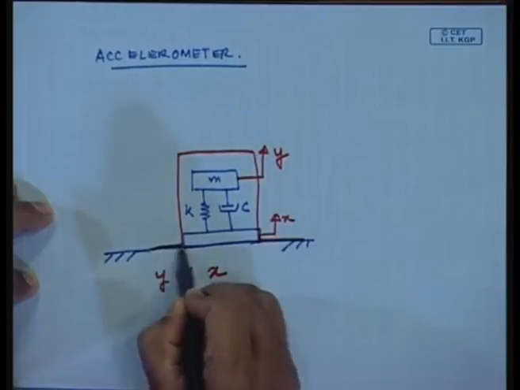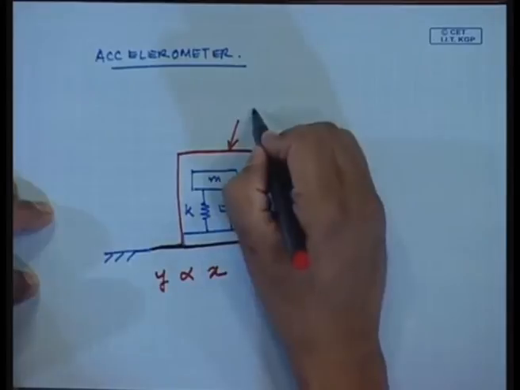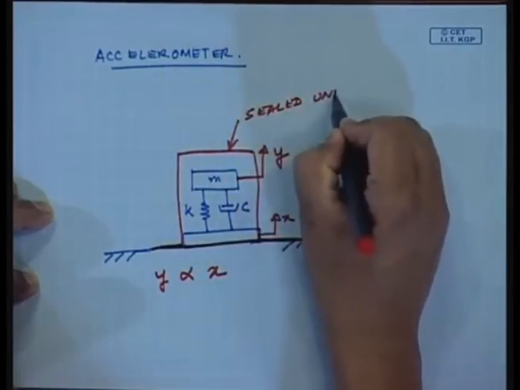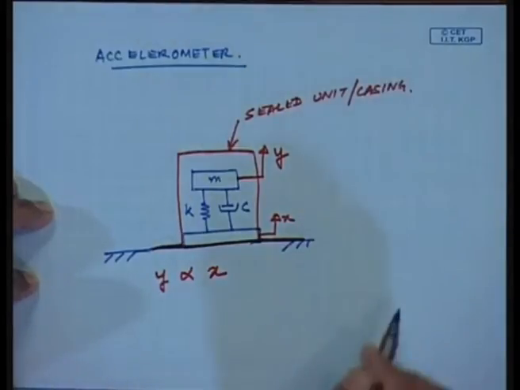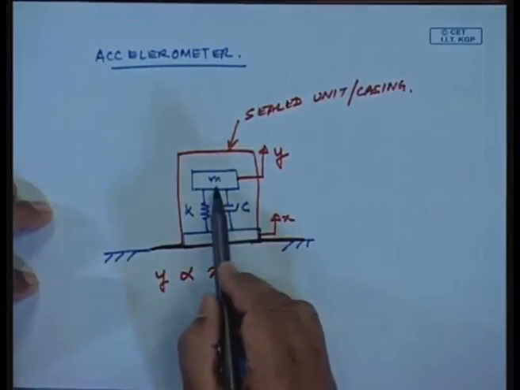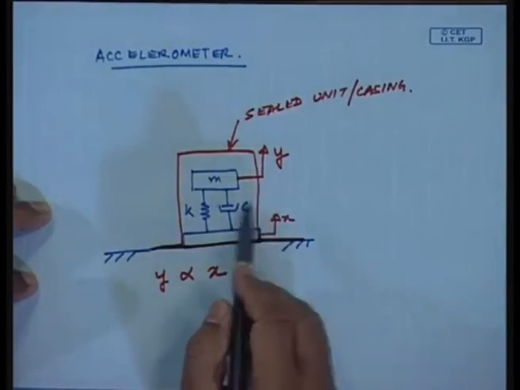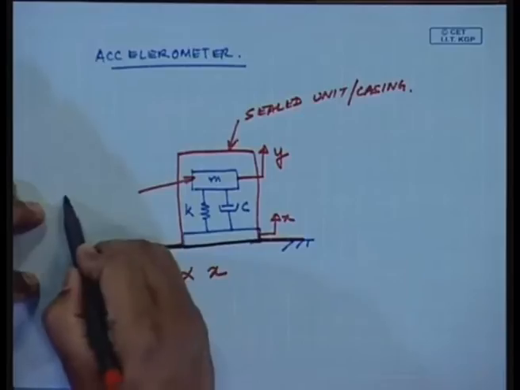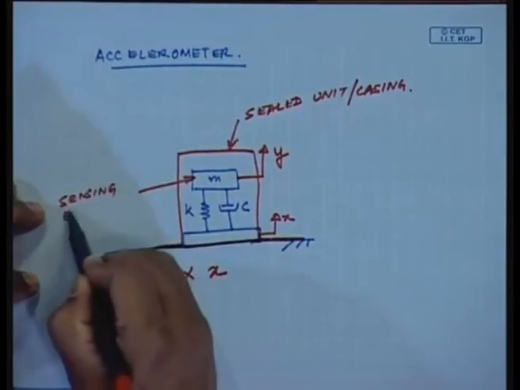wherein this is actually your sealed unit or casing. Now, because this mass is having a motion y, I could be putting a certain sensing element.